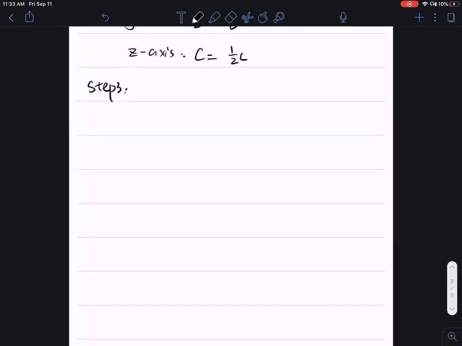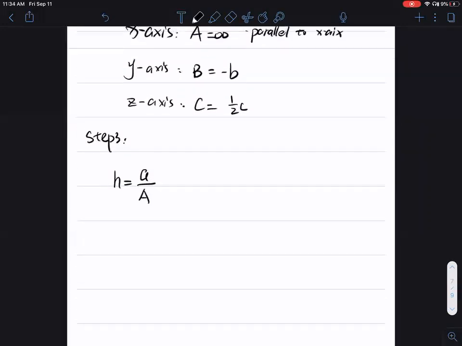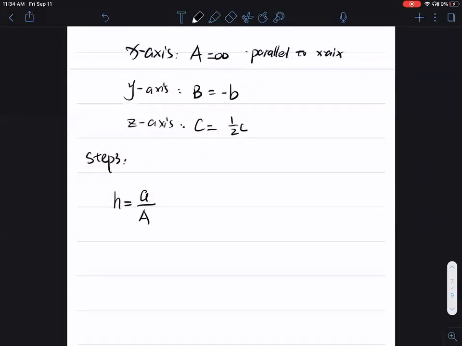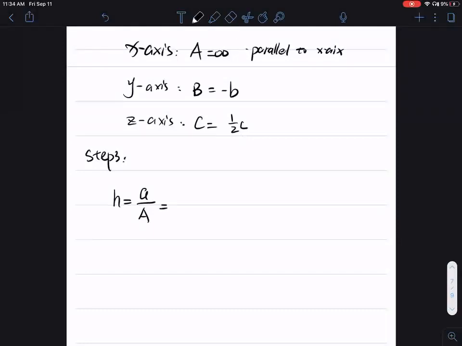Okay, in step 3, we want to take the reciprocals of A, B, and C to find out what H, K, and L are. So here's the equation for H, K, and L. H, the first index, equals small a, which is the edge length of the unit cell on the x direction, divided by capital A. So a is the edge length.